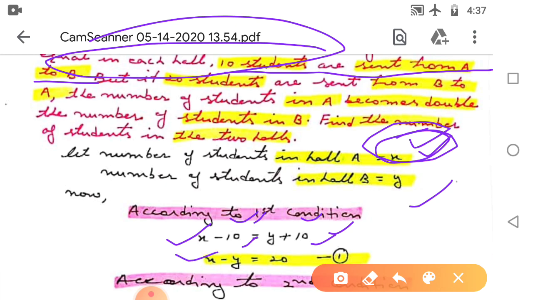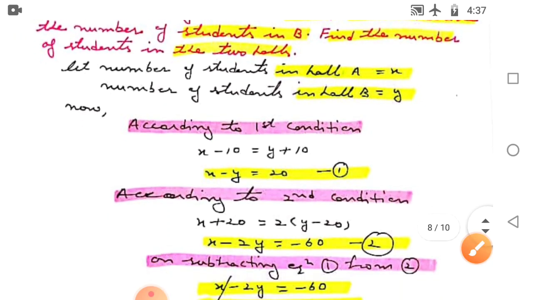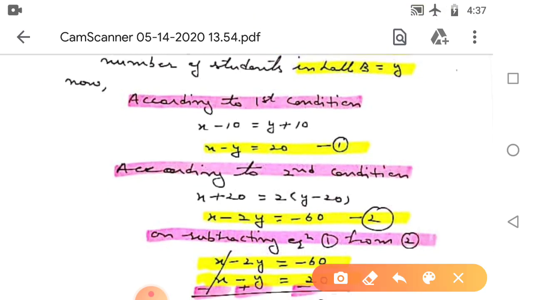So finally the equation is X minus Y is equal to 20. Clear? Now look here, according to the second condition, if 20 students are sent from B to A, now in A the number of students is X plus 20.